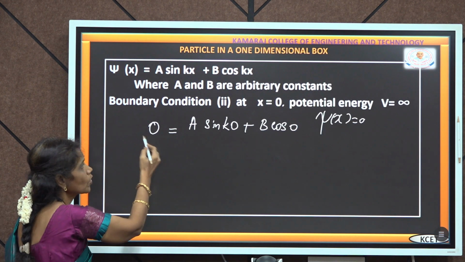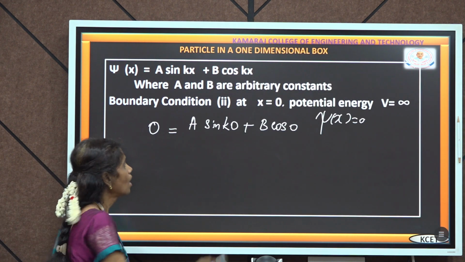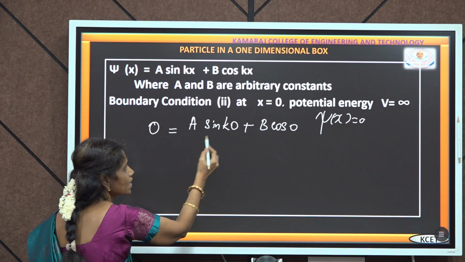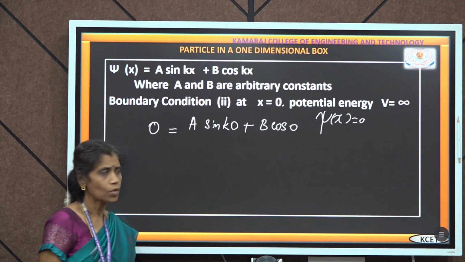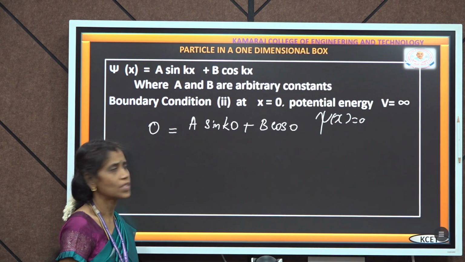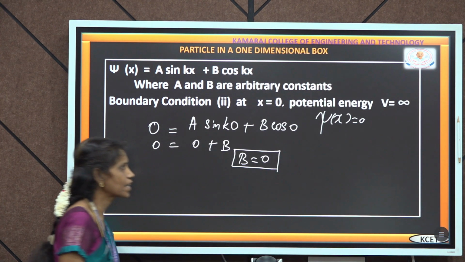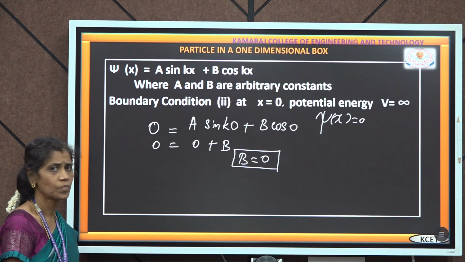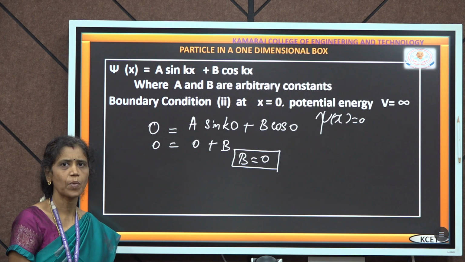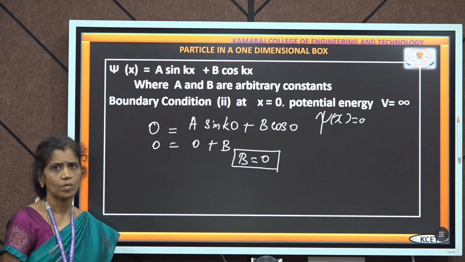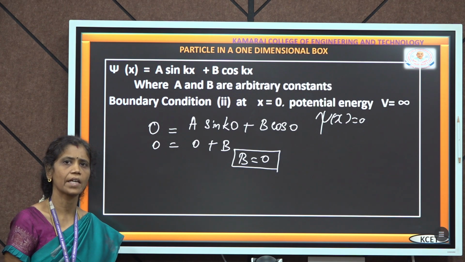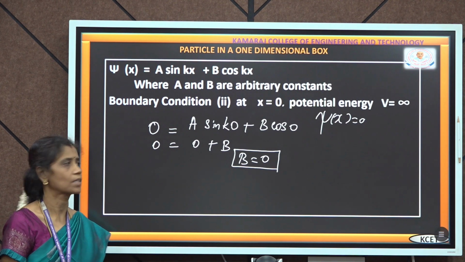On substituting all these values, we get 0 is equal to a sin 0 plus b cos 0. Now, we get the arbitrary constant b is 0. It is obtained by applying the first boundary condition in the solution of the second degree differential equation.